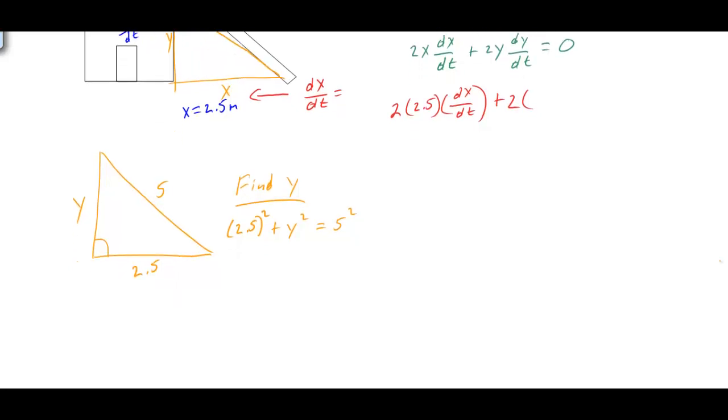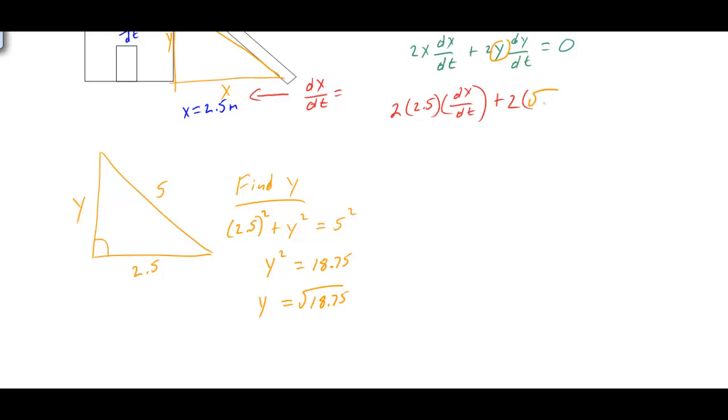And if we solve the equation, we're going to end up with y squared equals 5 squared minus 2.5 squared is 18.75. So therefore y is equal to the square root of 18.75.